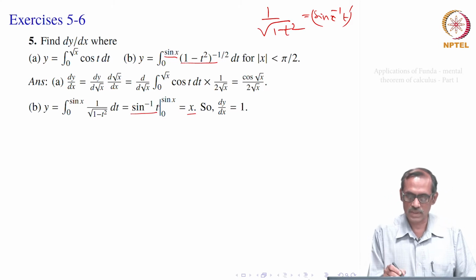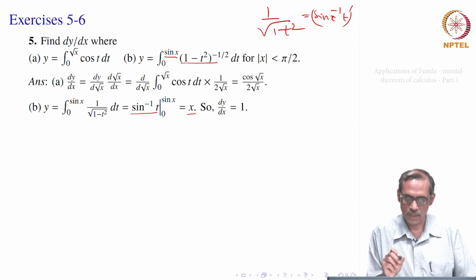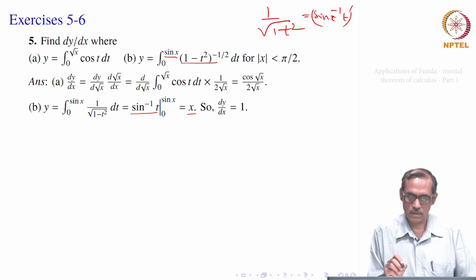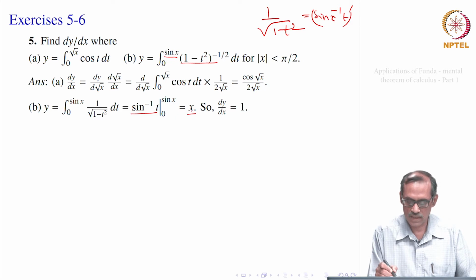So, sin inverse t is that number whose sin is equal to this and which really remains inside the interval minus pi by 2 to pi by 2, or 0 to pi. That was our definition. Okay.